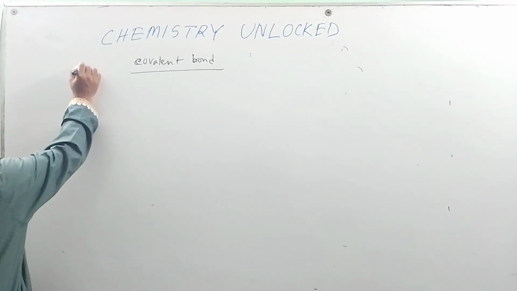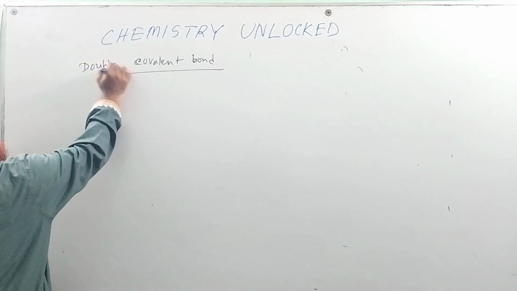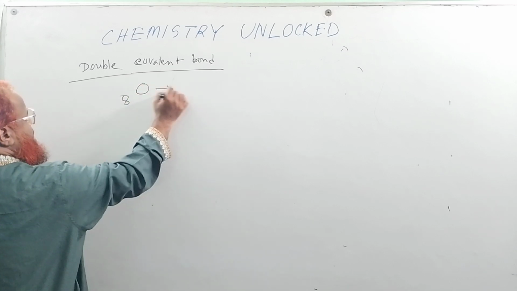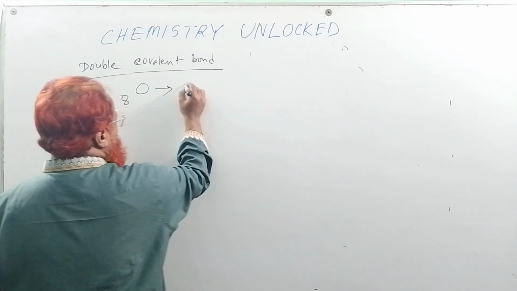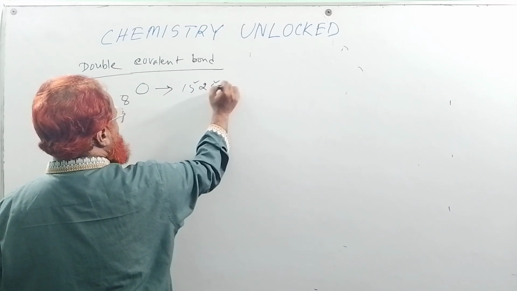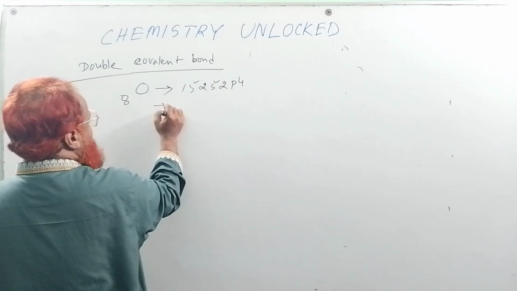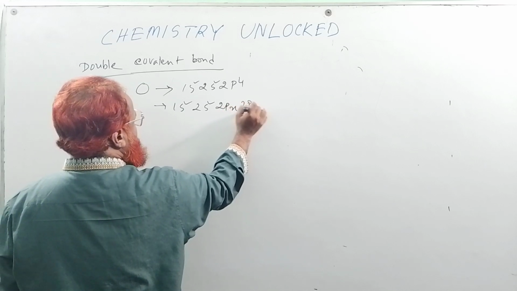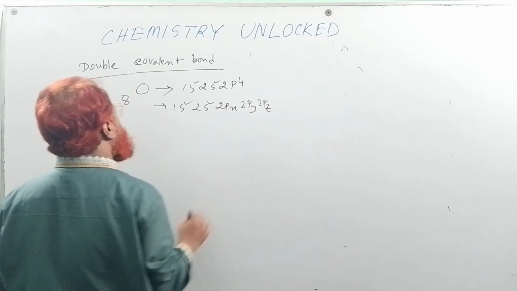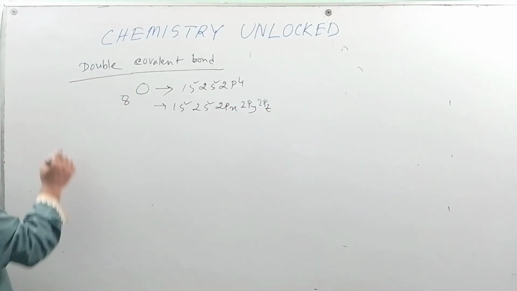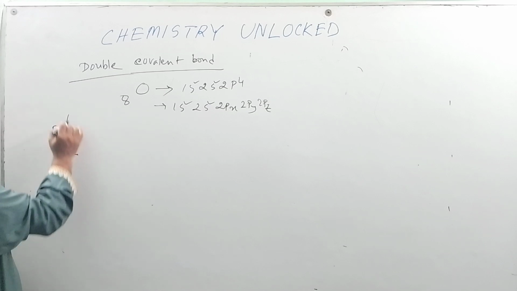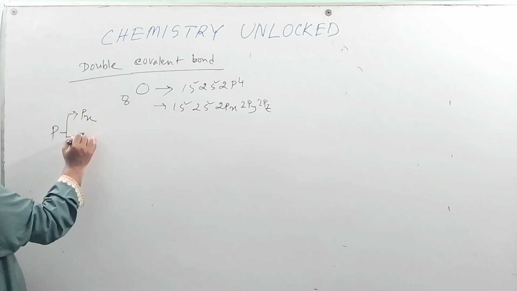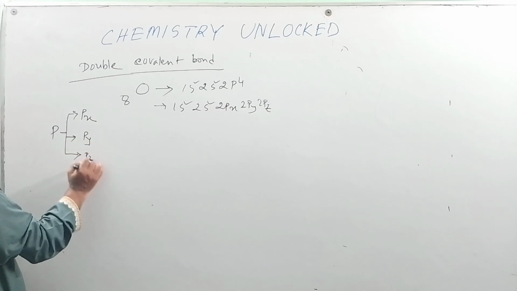Double covalent bond. For example, O2 molecule. So 1s2, 2s2, 2p4. So 1s2, 2s2, 2px, 2py, 2pz. You know from the orbitals the number of p orbitals, that is px, py and pz.